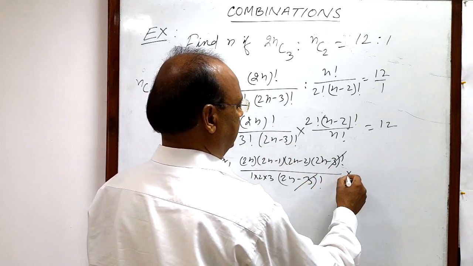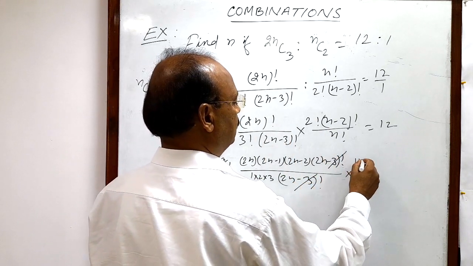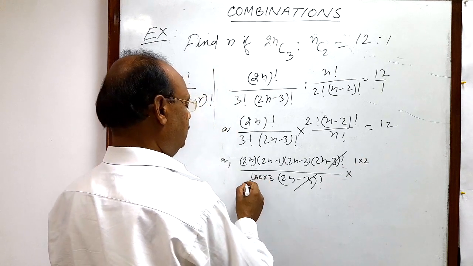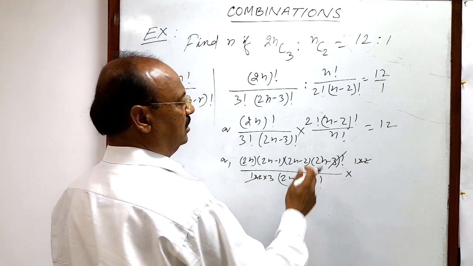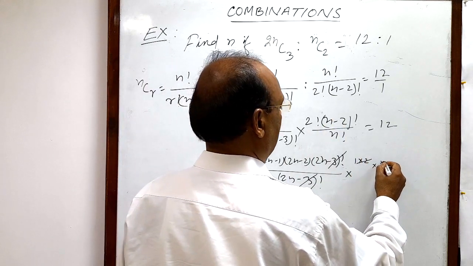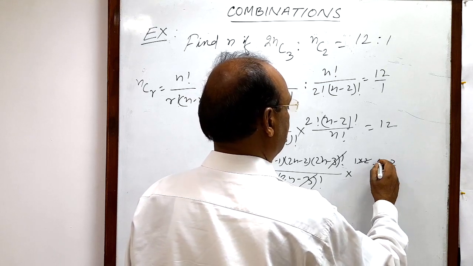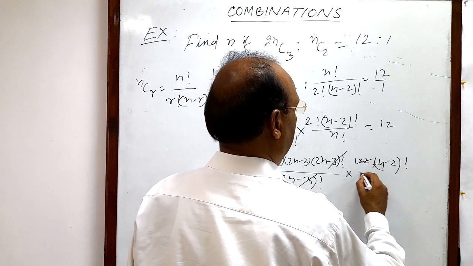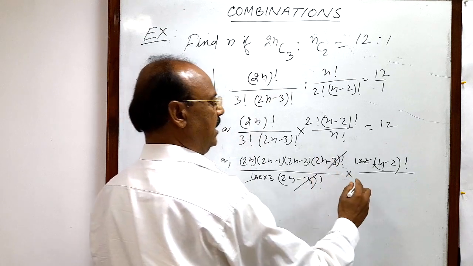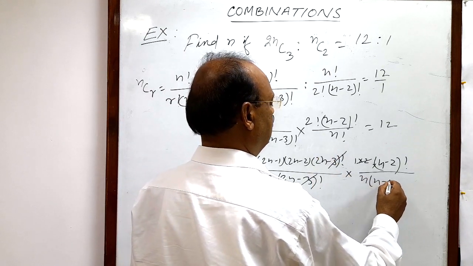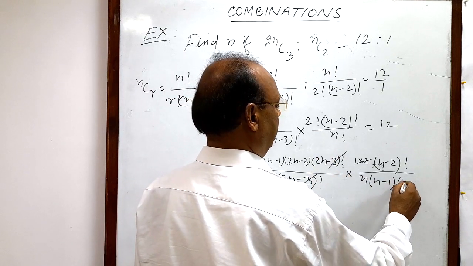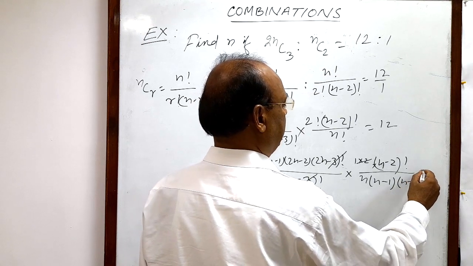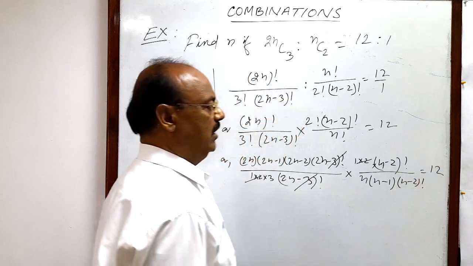And this 2 factorial is 1 into 2, so 1 into 2 will be cancelled out here, and (n minus 2) whole factorial divided by this n factorial can be written as n into (n minus 1) into (n minus 2) whole factorial, is equal to 12.